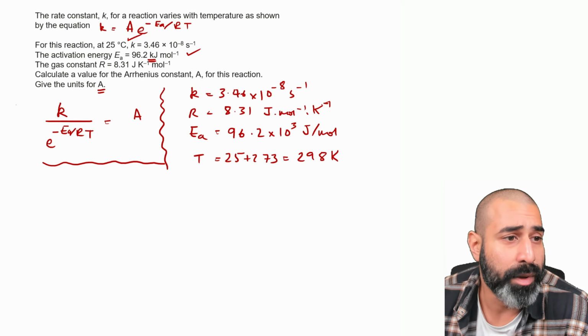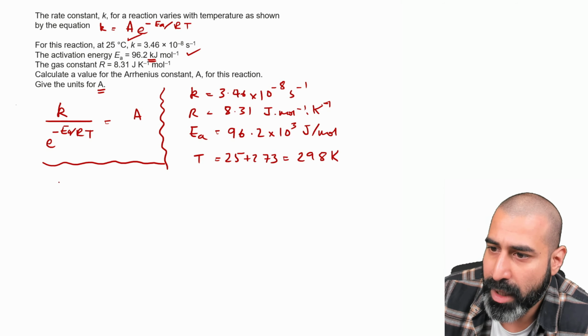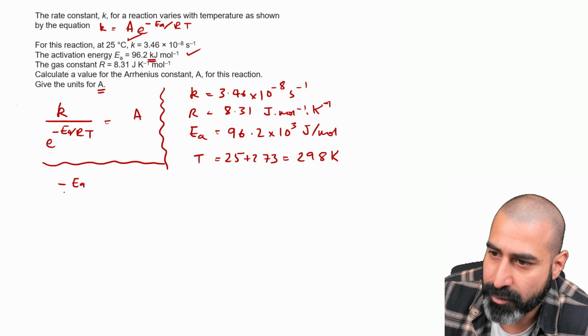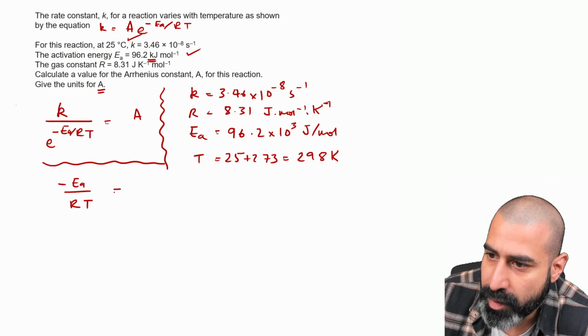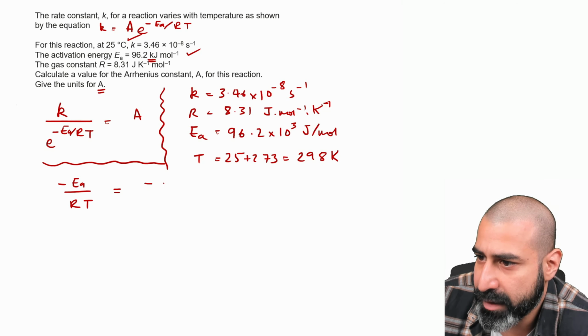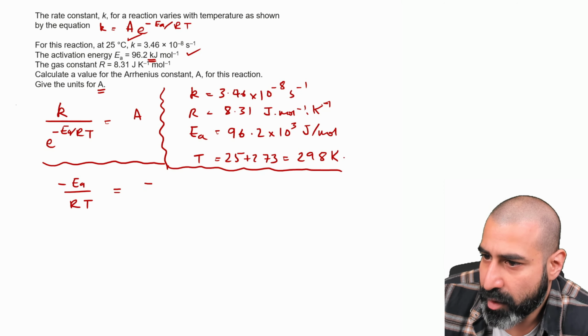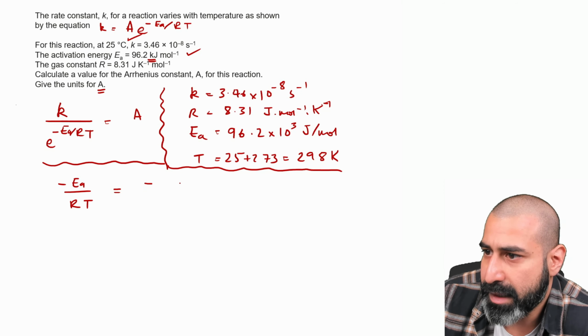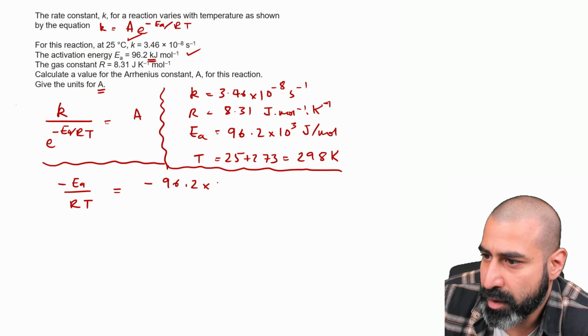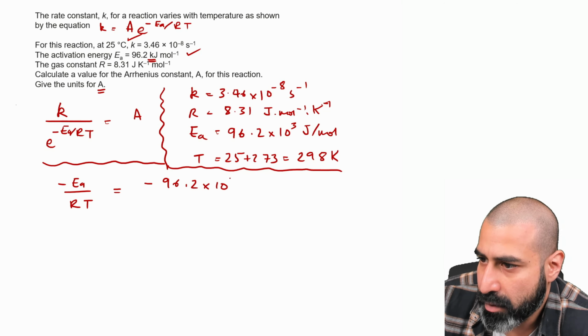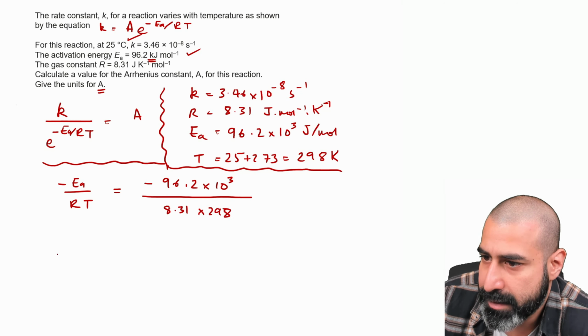So now, where do we go next? What I'm going to do is take this in bits. I'm going to take care of this term here. So minus Ea is going to be minus 96.2 times 10 to the 3, all over 8.31 times 298.